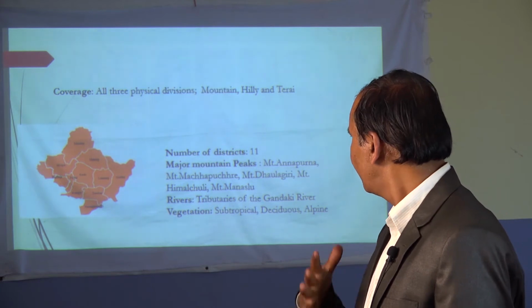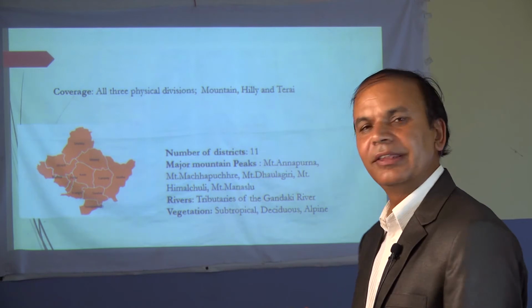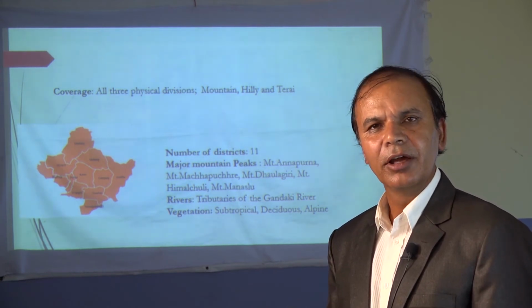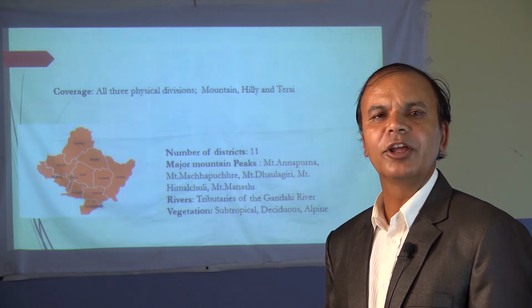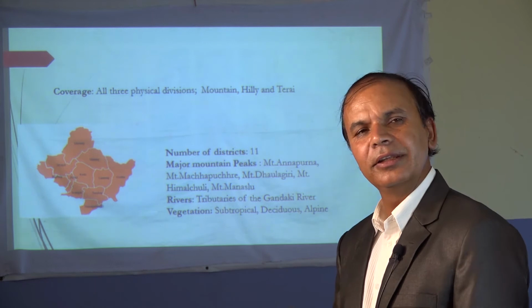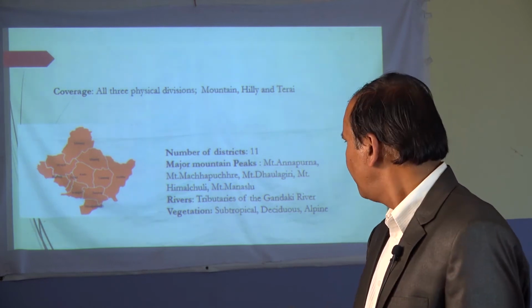Then it has 11 districts and major mountain peaks. They are the Annapurna peaks, Machhapuchhre, Manaslu, Dhaulagiri, and another Himsuri. These are the mountain peaks of the province.